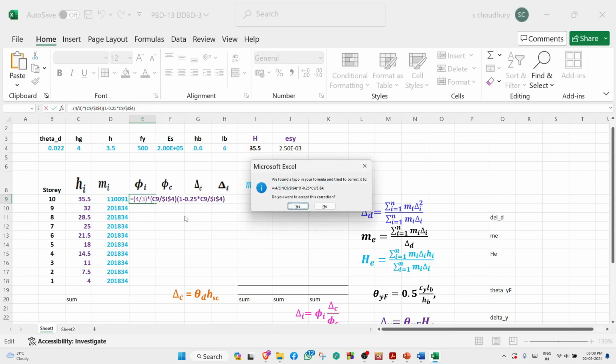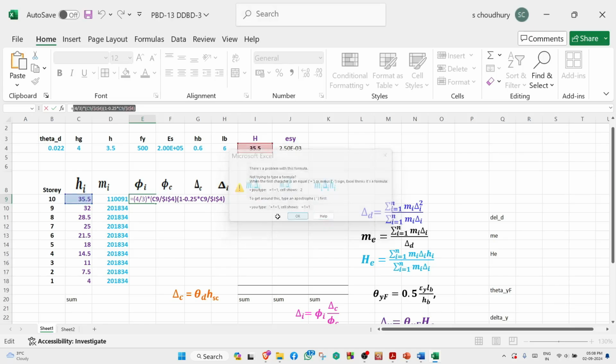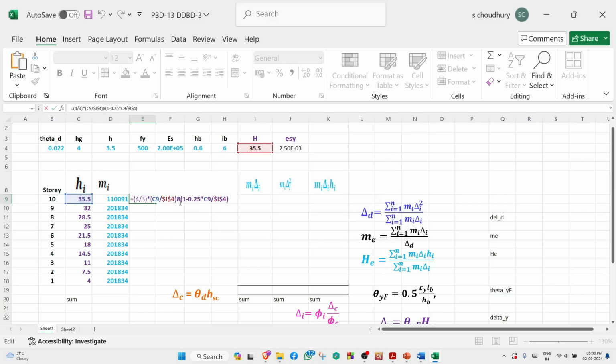There is some problem in the formula. What is the problem? 4 by 3, alright. C9 by this is alright. Oh, here star is not given. So we need to put a multiplication sign here, which is missing.